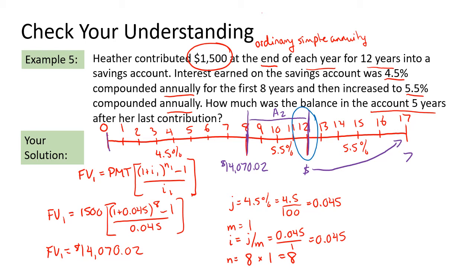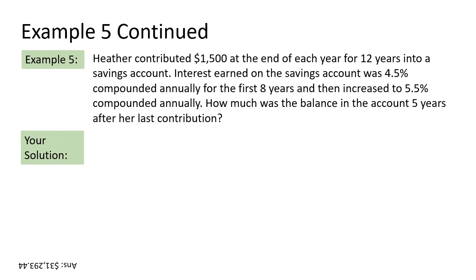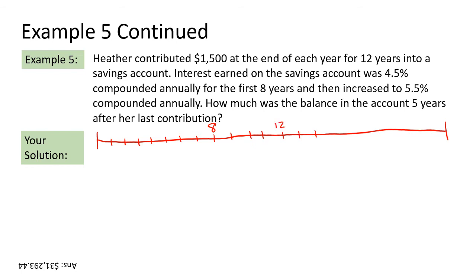So now we need to calculate the second piece of that annuity. I'm going to switch to another slide and put our graph back up. So 1, 2, 3, 4, 5, 6, 7, 8 is where we are, then 9, 10, 11, 12, then 1, 2, 3, 4, 5.